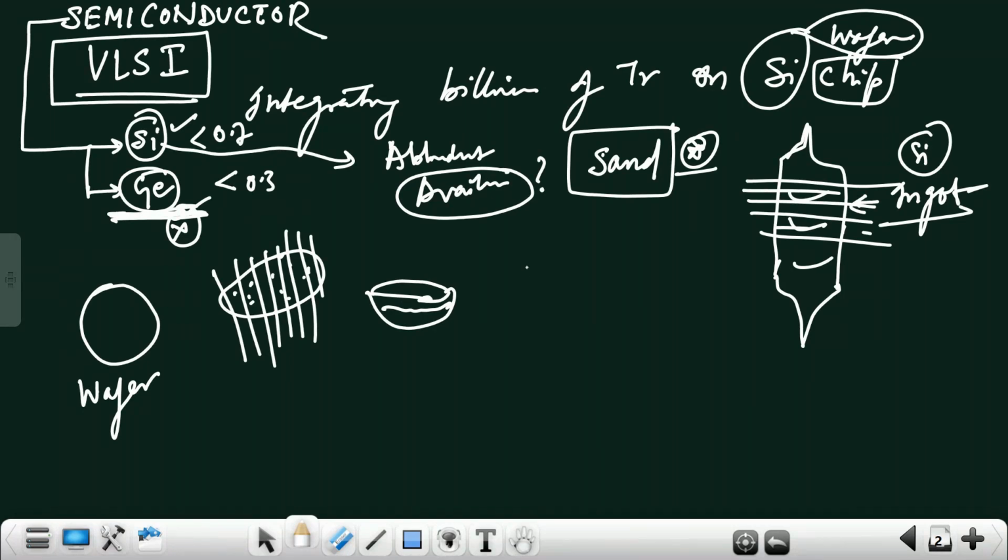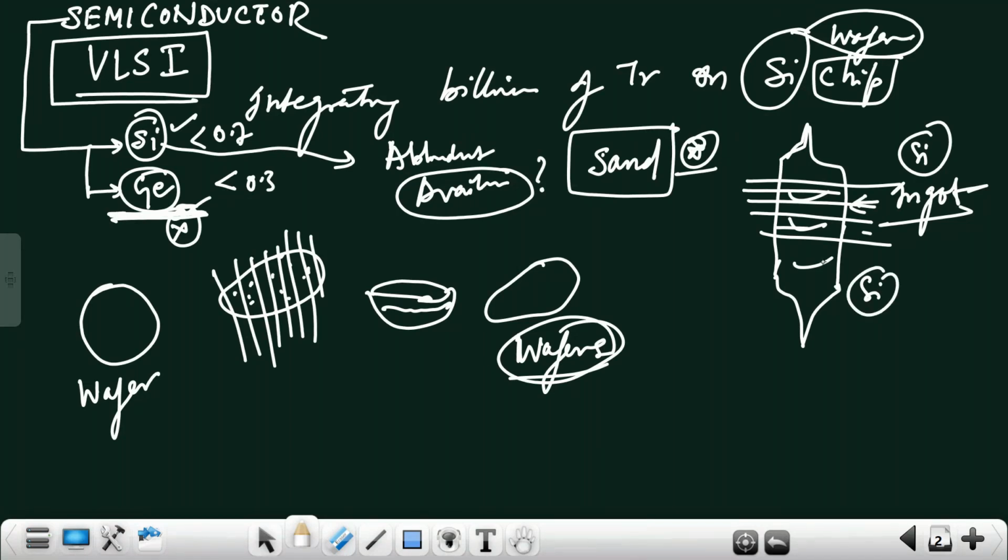What is the end product? You'll get chips, potato chips, or some people call it potato wafers. Understood what wafers are? The same thing we are also doing. We are taking the silicon ingot and slicing it into silicon wafers. So this is called a silicon wafer.